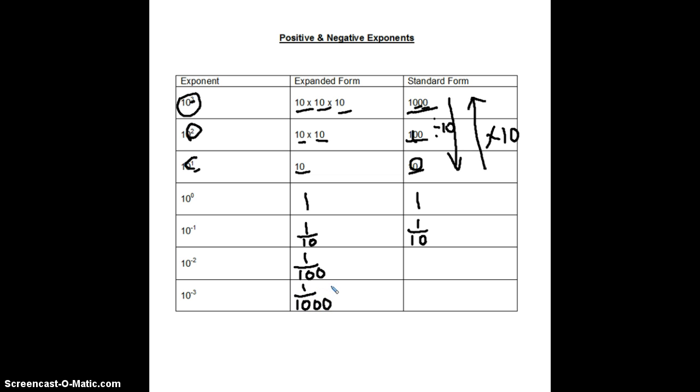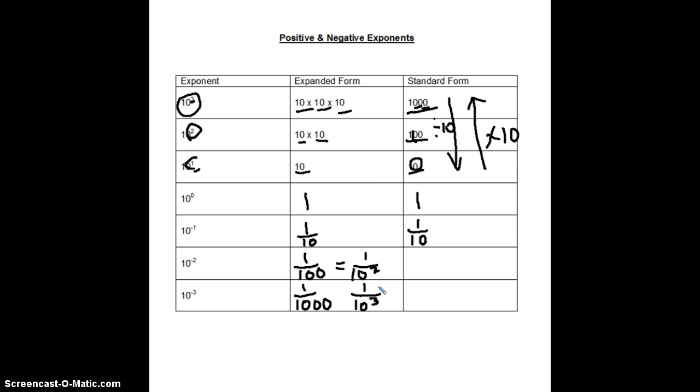So if we look at that a different way, 1 over 100, 100 is actually 10 squared. So this actually equals 1 over 10 squared. And 1 over 1,000, 1,000 is in fact 10 cubed. So 1 over 1,000 is 1 over 10 to the power of 3.